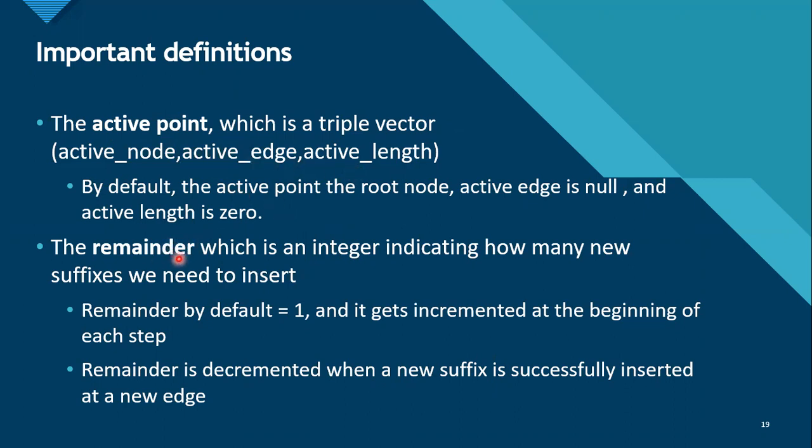The second variable is the remainder, which is an integer, indicating how many new suffixes we need to insert. By default, it's equal to 1, and it gets incremented at the beginning of each step, and it gets decremented if during the step a new suffix is successfully inserted at any new edge. I know the exact meaning of these 2 will become clear soon. Just bear with me.